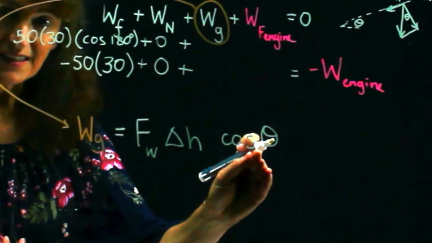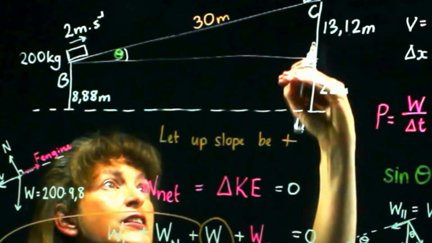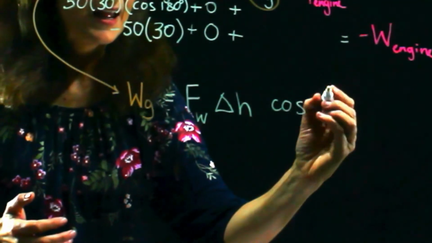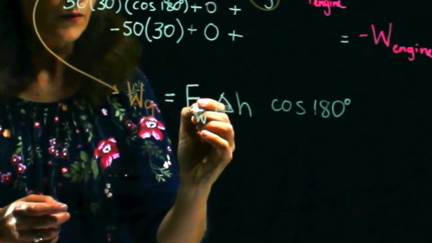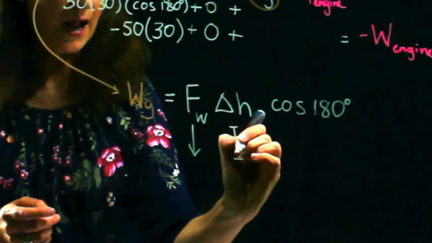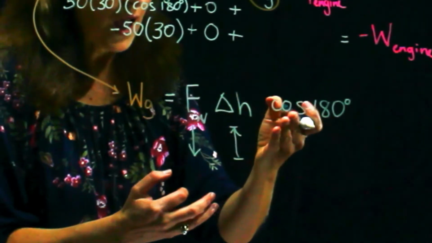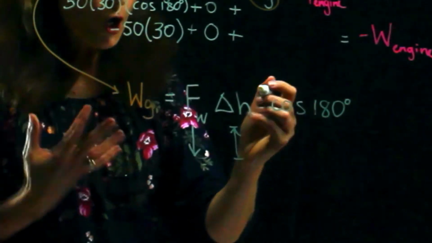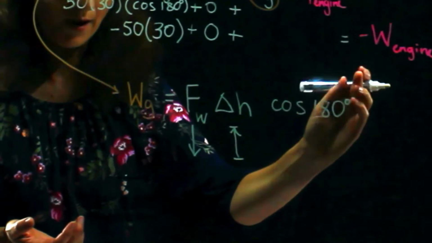And then cos theta between weight, which acts downward, and the change in height, the change in position, can you see that cos theta then is 180 degrees? Why? Because the force of the weight acts downward and the height was a rise. The change in height was a rise. So the two vectors are acting exactly opposite to one another. So that's why we are going to get a negative answer here, because cos 180 is minus 1.